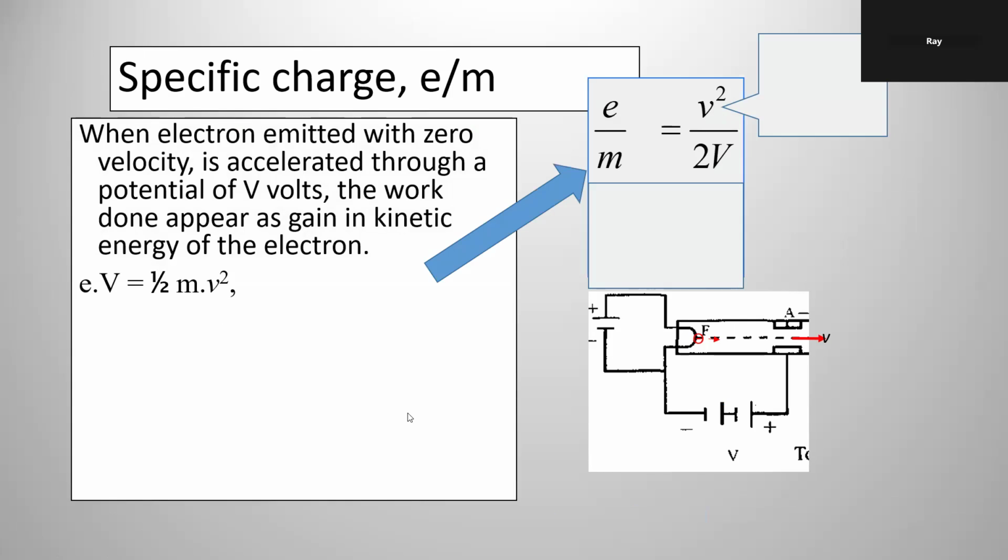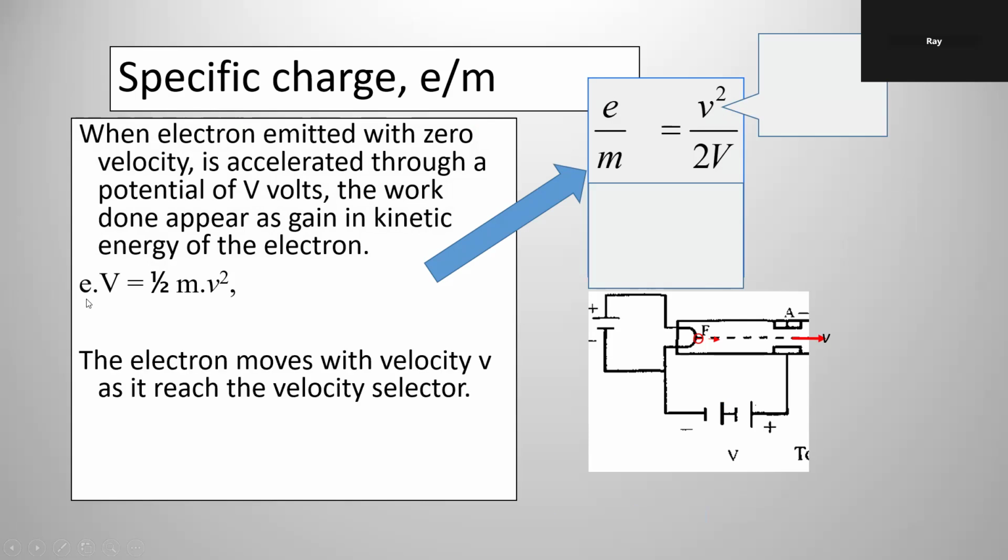The electron is emitted by the cathode and then accelerated by the anode. That's the formula, eV is half mv squared. Then you can get from this equation e over m. Get that?